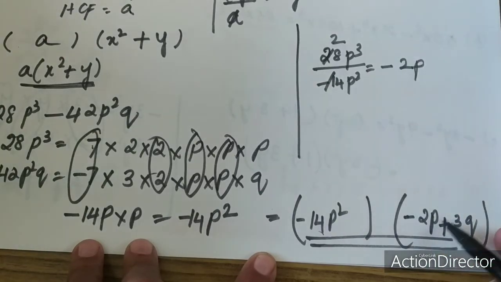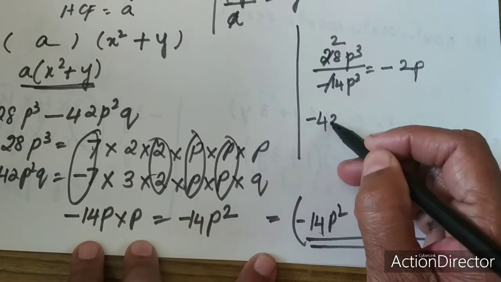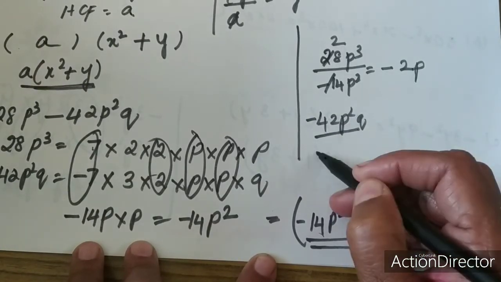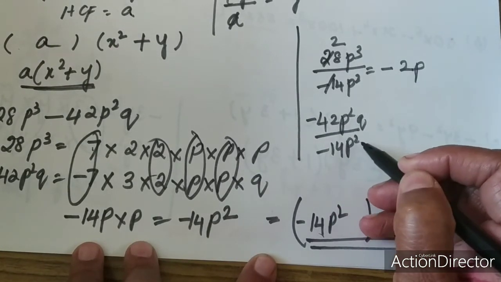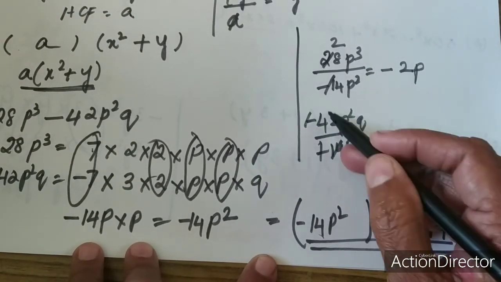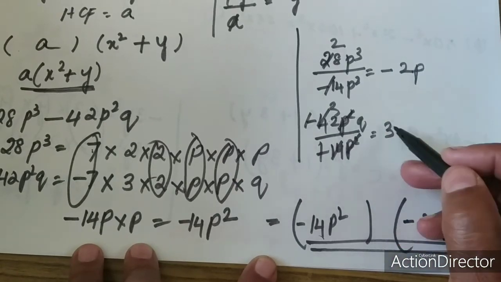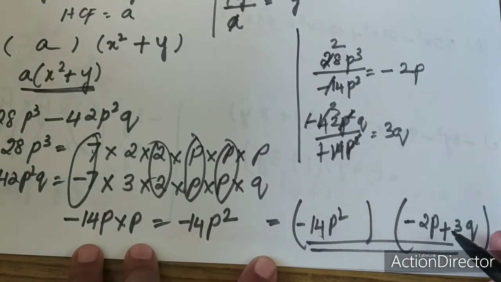So I am getting minus 2p. Plus the second term, minus 42 p square q divided by minus 14 p square. Minus and minus will get cancelled. 14 threes are 42, so I am getting 3, and p square will get cancelled, so I am getting q. So my answer is plus 3q. Here you have to be careful about the sign.